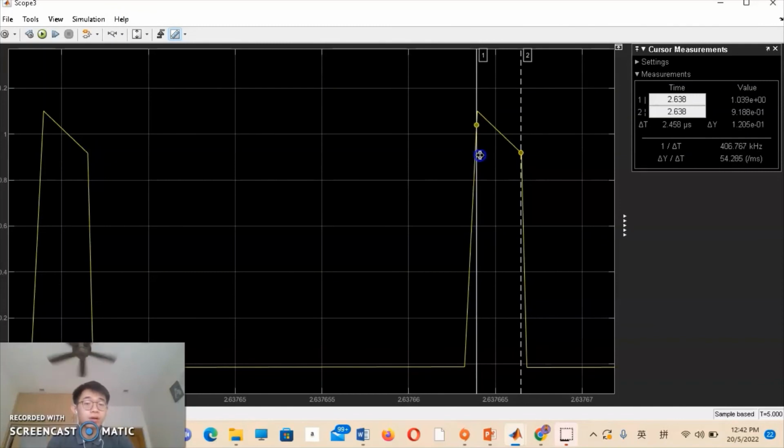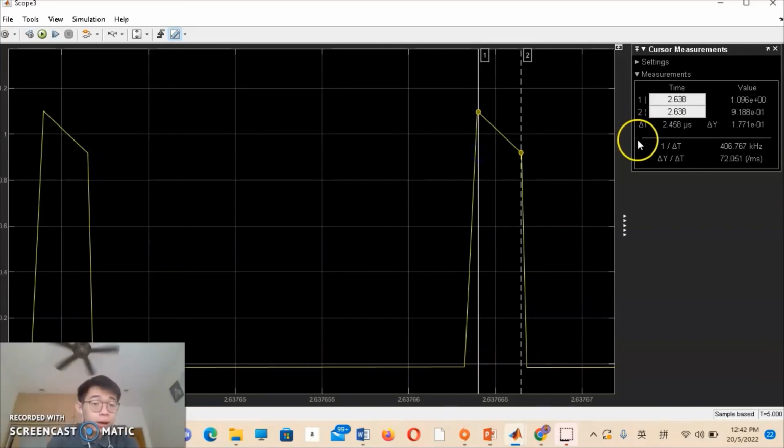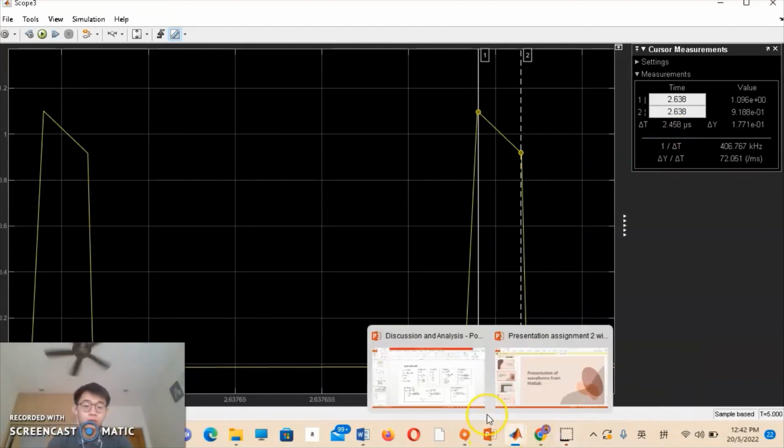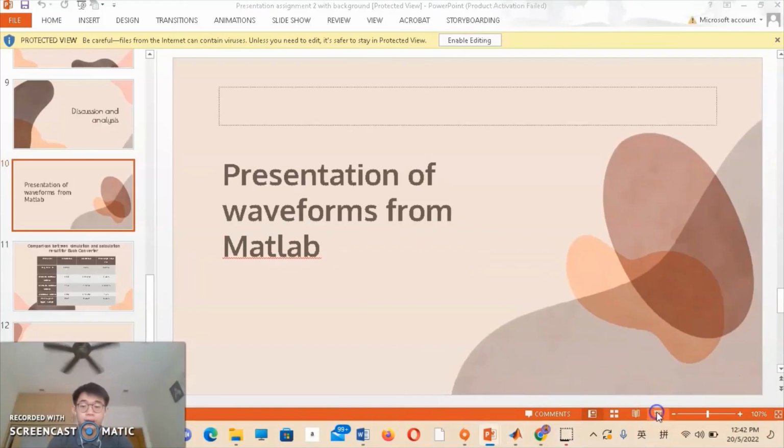Here the maximum diode current is around 1.1 ampere, which is exactly the same as the maximum inductor current. And the minimum diode current will be around 0.9 ampere, and again it's almost the same as the minimum inductor current. Okay, so next we're going to proceed back to our slide.